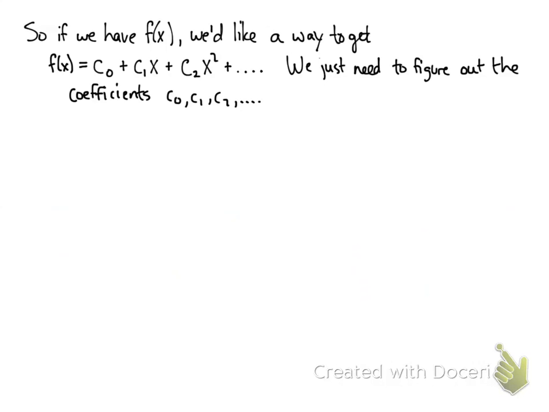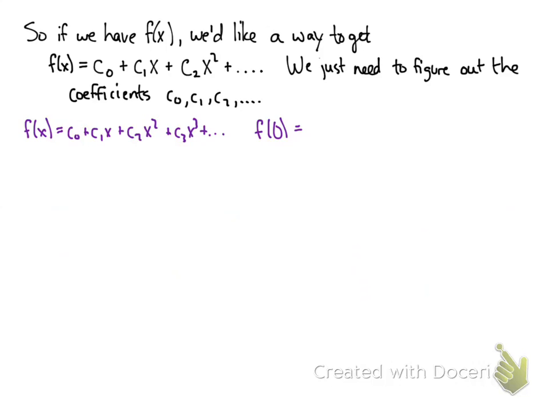We're going to do that just by assuming we have this power series and plugging in 0 into it and its derivatives. So here's our power series. And what happens if we take f of 0, that is, plug in x equals 0? Well, we will get c0 plus c1 times 0 plus c2 times 0 plus c3 times 0, and so on.